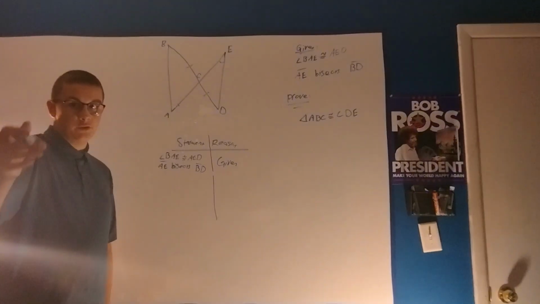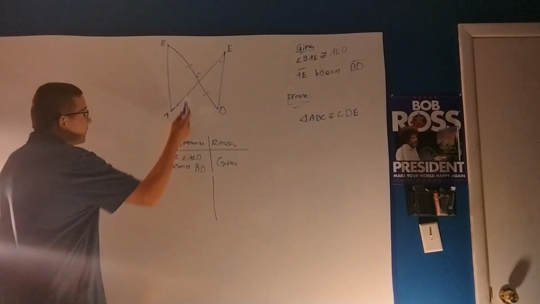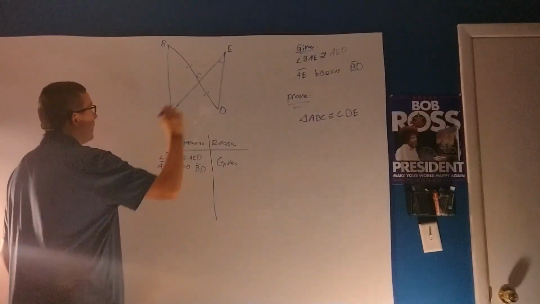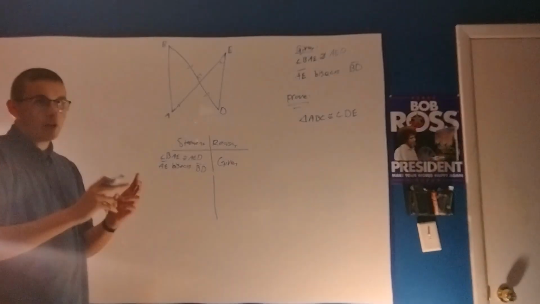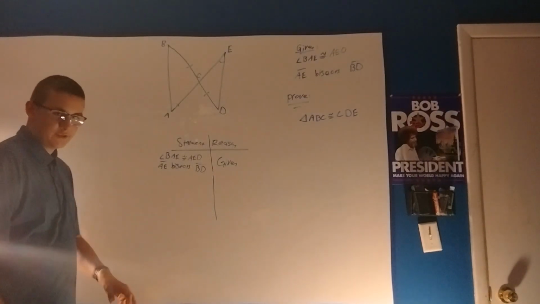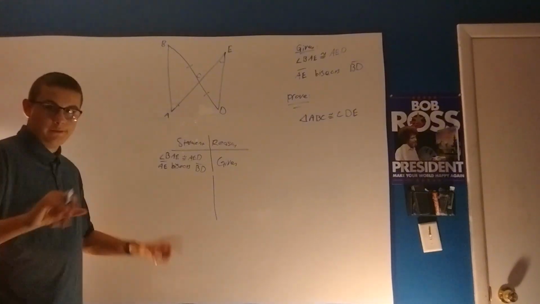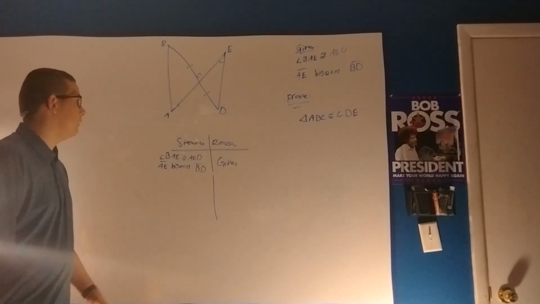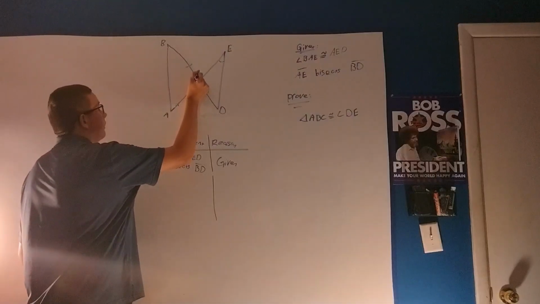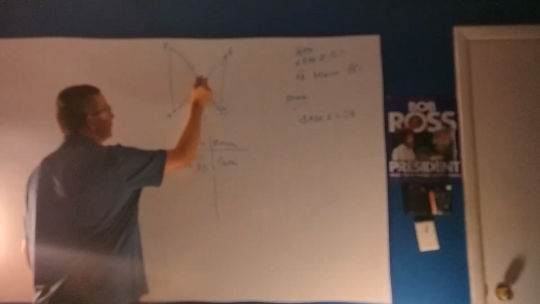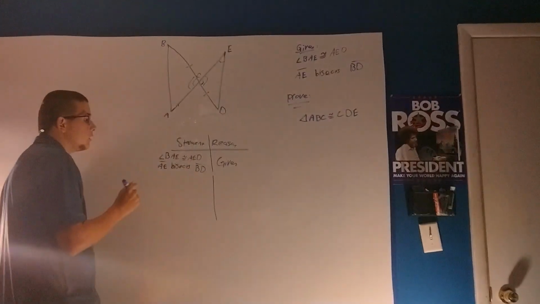That was the vertical angle. And right here, these would be vertical angles. ACB and ECD are going to be vertical because they touch each other right at their point. They share the same point of the angle, if you will. So we know that this right here is going to be congruent to this right here.